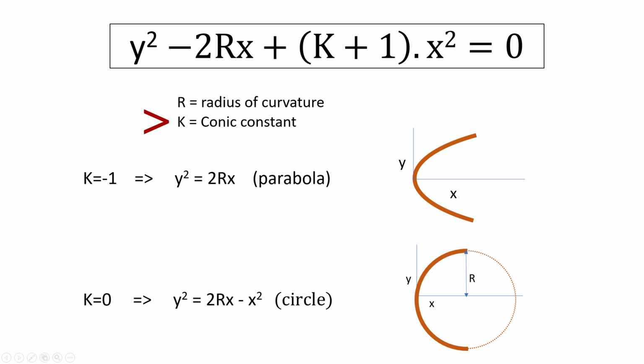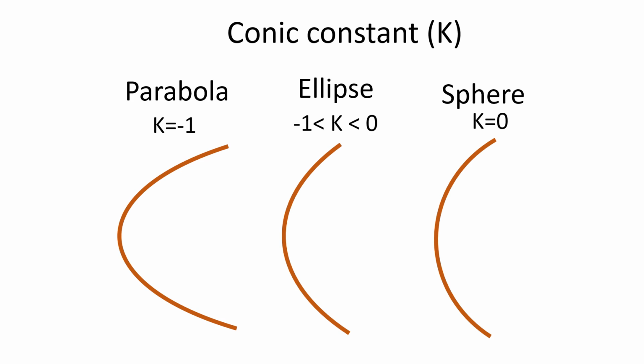Now I don't want to go into much detail here, but just give you a little insight into the meaning of the formula. So if we fill in, for example, minus 1 for k, the function reduces to that of a parabola, which we've seen before in the visualizations. And if we fill in the value 0 for k, the relation between x and y actually becomes that of a circle.